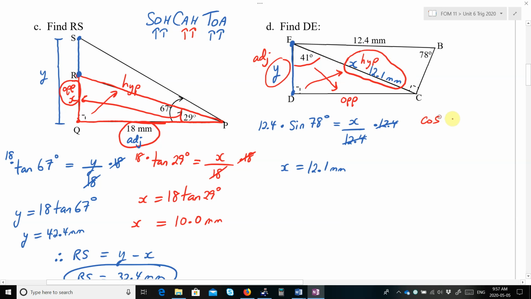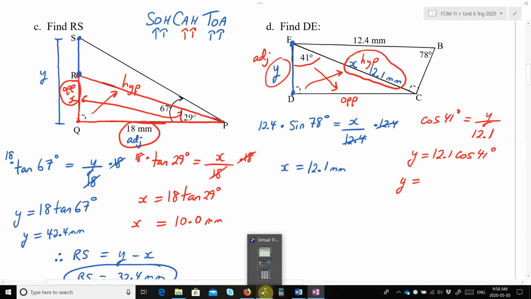So it would be cos of 41 degrees equals the adjacent, y, over the hypotenuse, which was x, but we found that x is 12.1. Multiply both sides by 12.1, and we get 12.1 times cos 41 degrees.